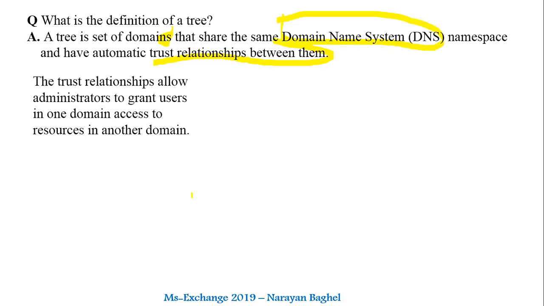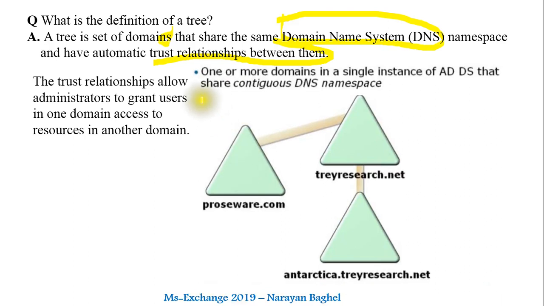You can also define it as one or more domains in a single instance of Active Directory Domain Services that share a contiguous DNS namespace. The meaning is very simple, let me show you. As you can see here, 1, 2 and 3, these are three objects, and now let me call them domains. So this is one domain, trayresearch.net, and here you see prosware, which is also a separate domain.